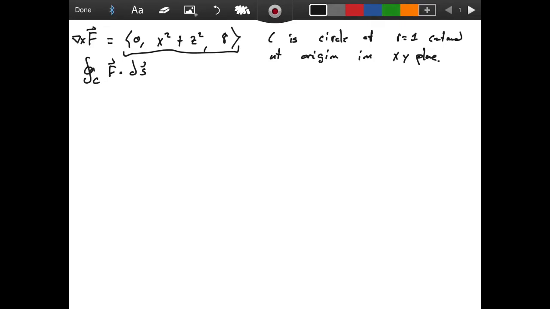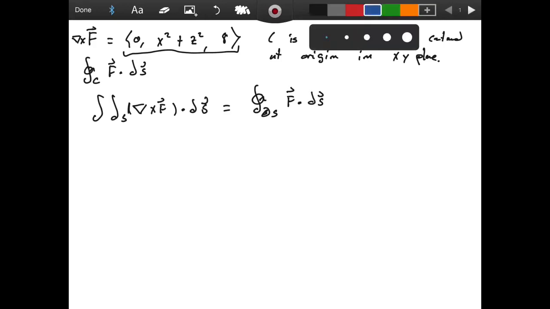So the idea here is that we want to use Stokes' theorem. Stokes' theorem says that the integral over a surface S of the curl of f, this is a line integral of a vector field, is equal to the line integral around the boundary of the surface with positive orientation, or orientation consistent with the orientation of the surface, f ds.